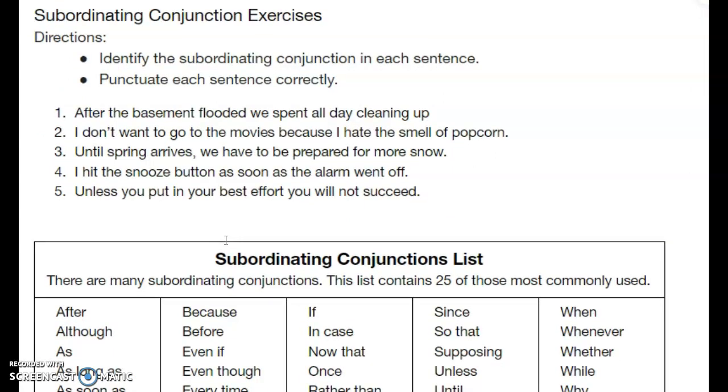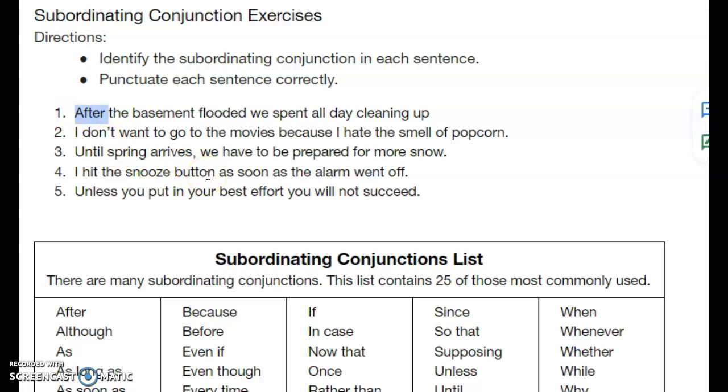So we have 5 sentences here, and we are going to identify the subordinating conjunction in each sentence, and we're going to punctuate each sentence correctly. All right, so number 1, after the basement flooded, we spent all day cleaning up. So what is the subordinating conjunction in this sentence? All right, did you identify it as after?